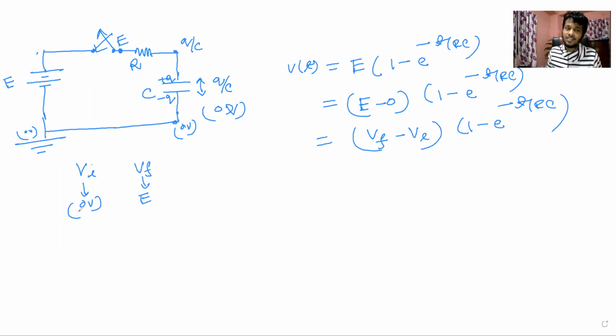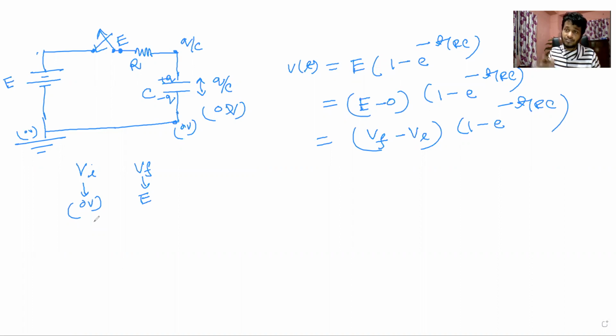Initially the capacitor has 0 potential or 0 voltage, and finally it has E voltage. So how much voltage has the capacitor gained during the charging phase? It is Vf minus Vi, or E minus 0, isn't it? Yes sir.